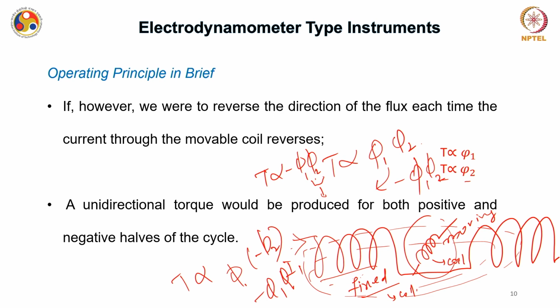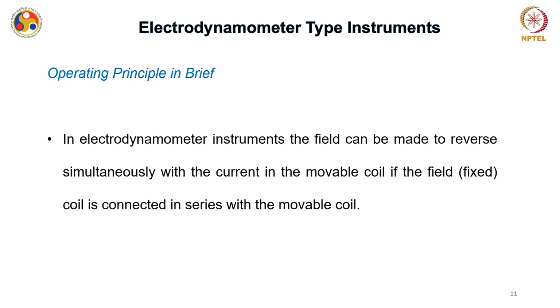And this is the basis of the electrodynamometers for AC measurement, that how it can be used for AC measurement. So in electrodynamometer instruments, the field can be made to reverse simultaneously with the current in the movable coil if the field coil or fixed coil is connected in series with the movable coil.